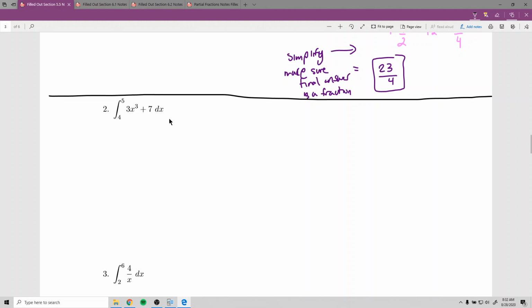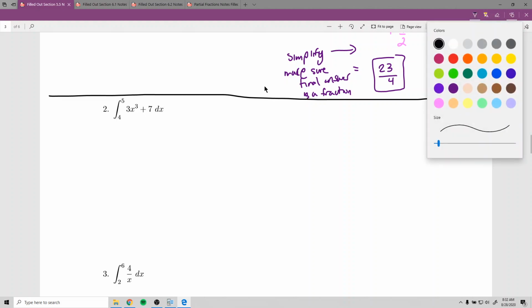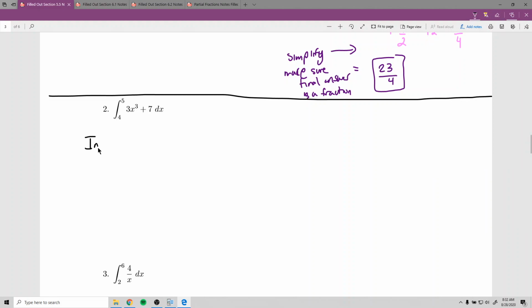This next one here, really not much different than the first, just extra practice. We want to do the definite integral from 4 to 5 of 3x cubed plus 7. All right, once again, we integrate first. So we integrate 3x cubed.